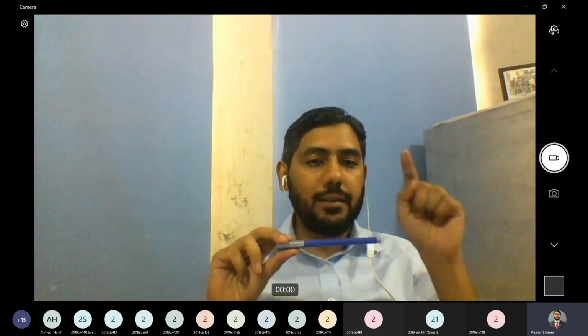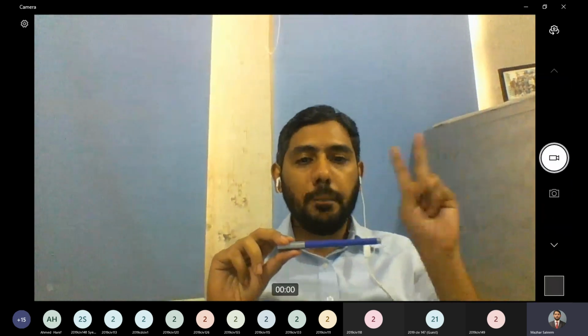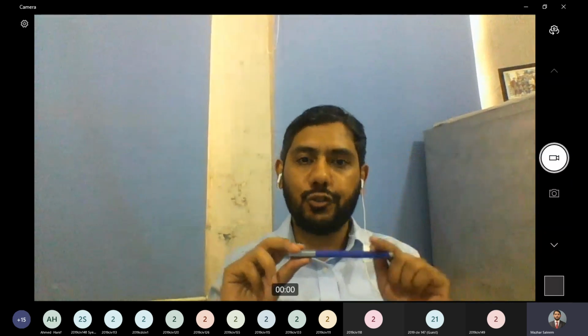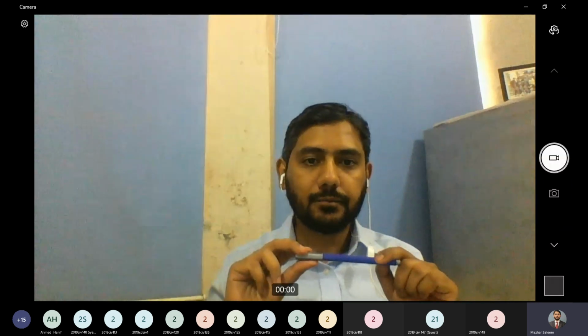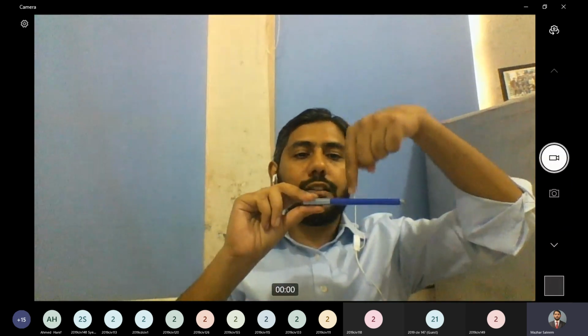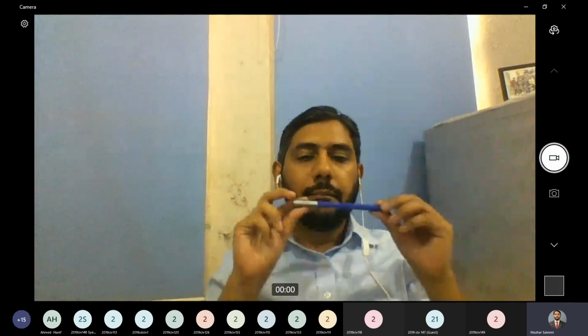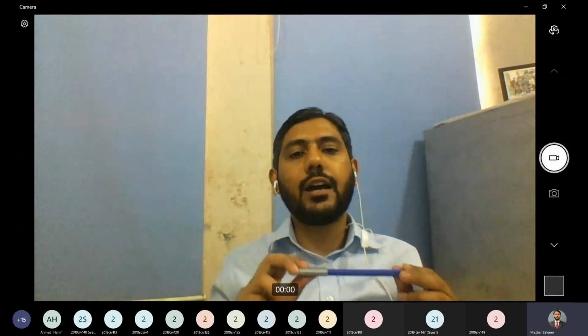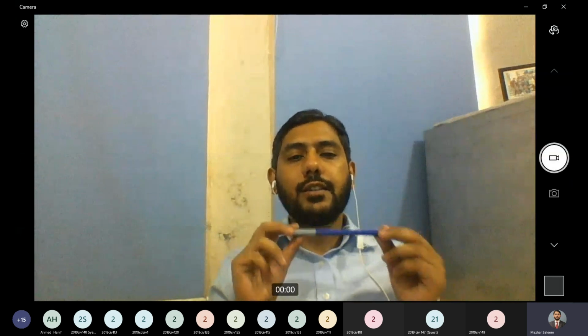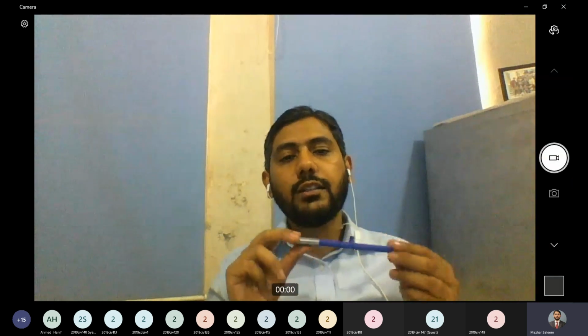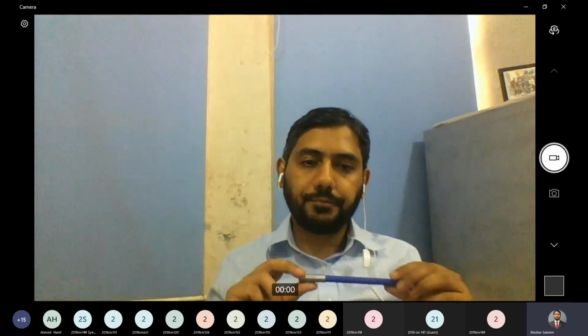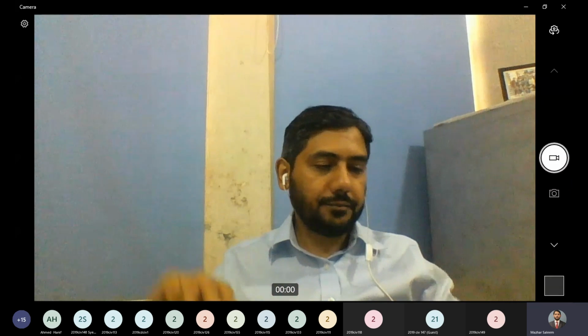So the shear force and bending moment that we are talking about are both internal forces developed. The external load is only this transverse force, this point load or a UDL or a moment. But the bending moment and shear force are internal forces which are generated as a reaction to the applied load. Okay?